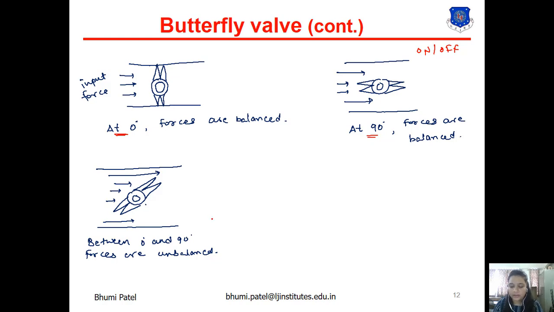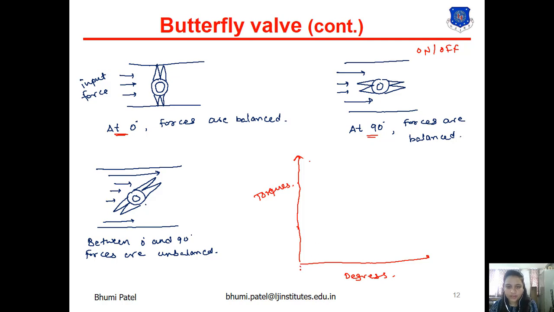Now in the next figure we can see the flow characteristic of the butterfly valve. So the butterfly valve characteristic is degrees versus torque.